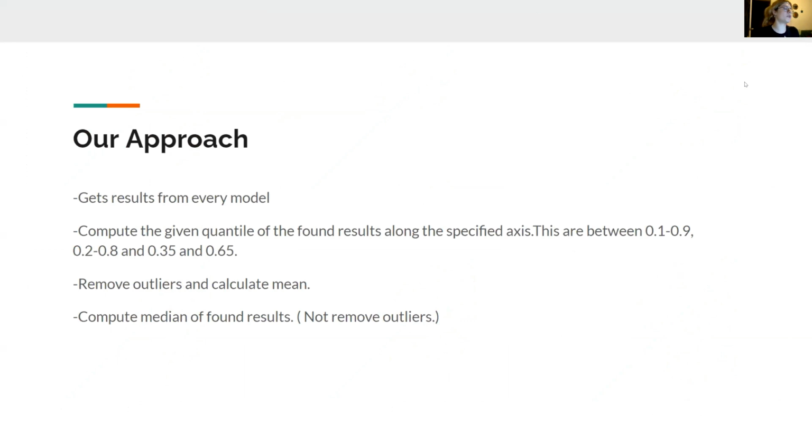So in our approach, we get results from every model and compute the given quantity of results along the specific axes. We have three different axes, remove outliers and calculate the mean of that. For another approach, we compute the mean of the results but do not remove the outliers.